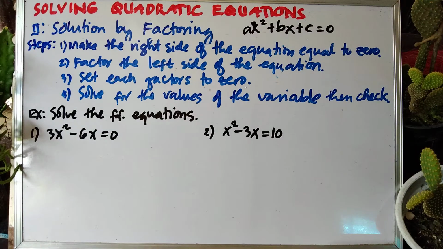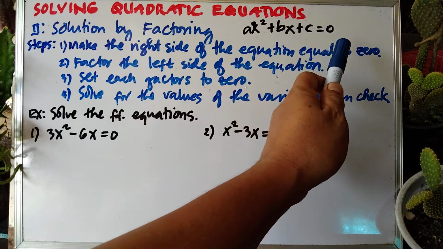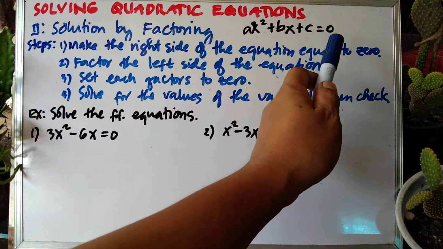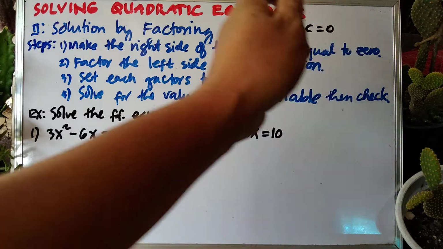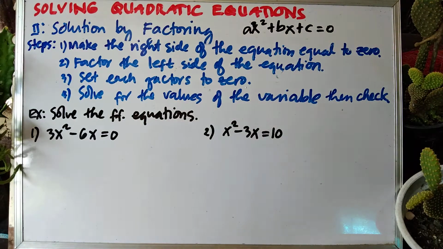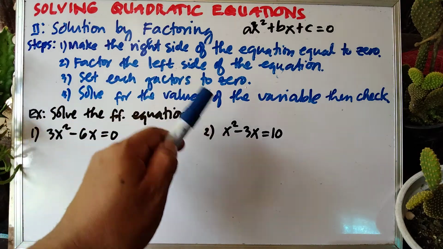In other words, dapat 0 na ang right side sa equation. All of the terms on the right side of the equation shall be transposed to the left side of the equation. Okay? Klaro? Number 2, factor the left side of the equation.